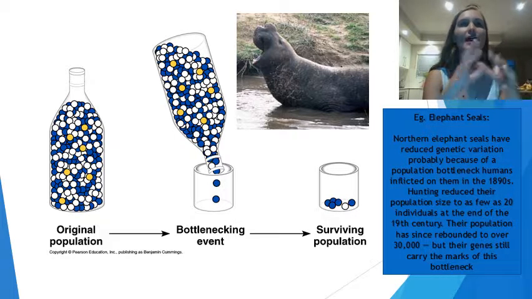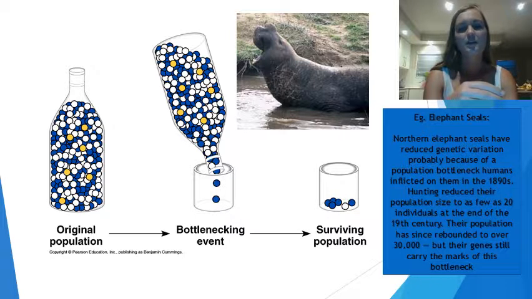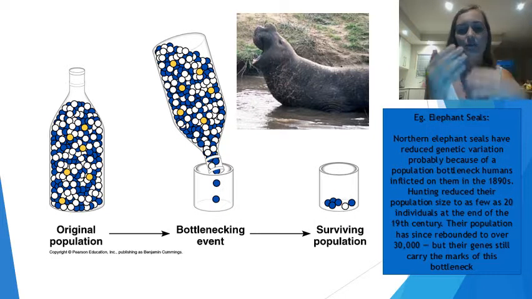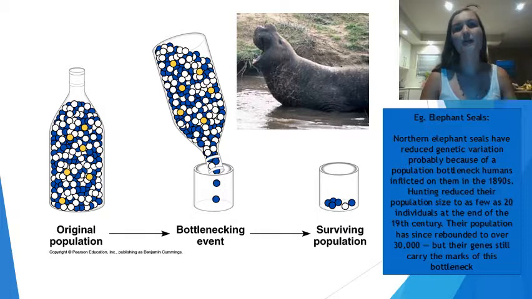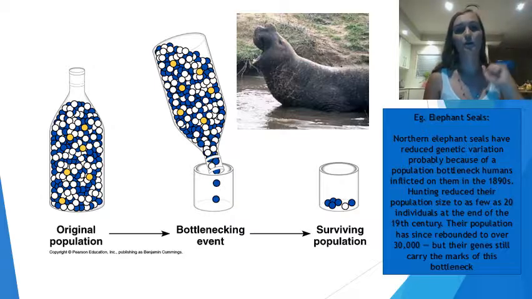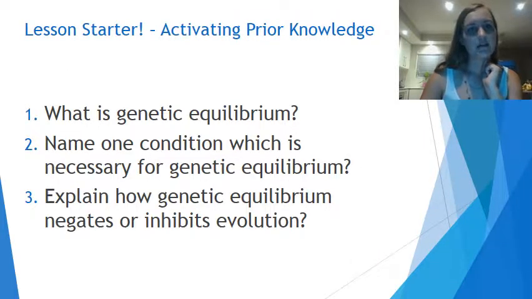Now their population has luckily increased and survived, and now they have a population of about 30,000, but because of this bottleneck effect, they're still affected in terms of their genetic variation. They just don't have the same amount of genetic variation as they had previously, which again makes them more susceptible to diseases, less able to adapt, and all round we know that less genetic variation is no good. And that's it.